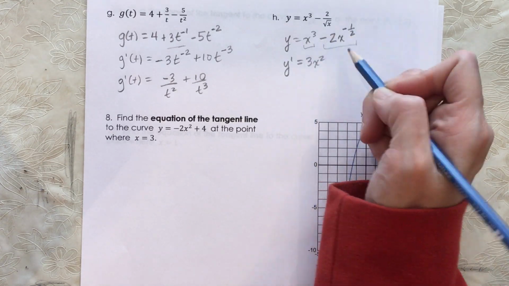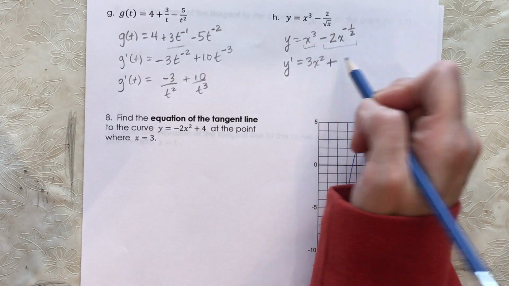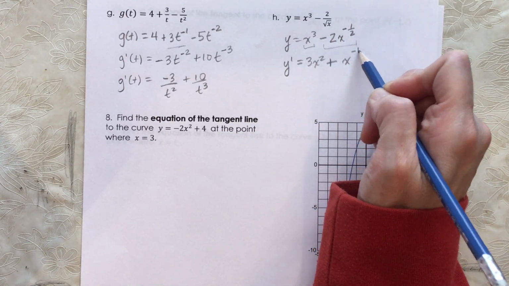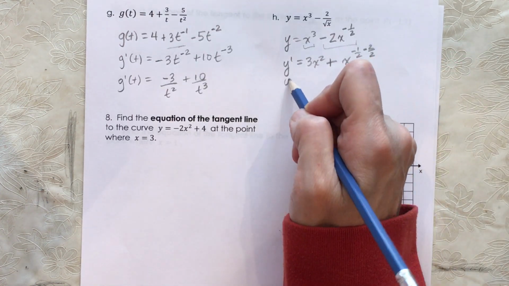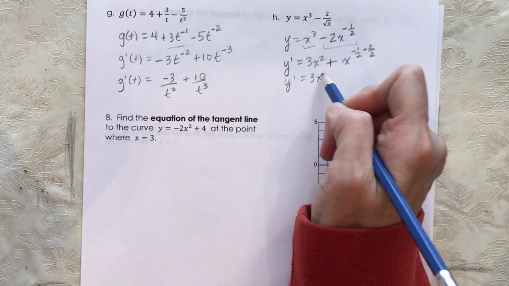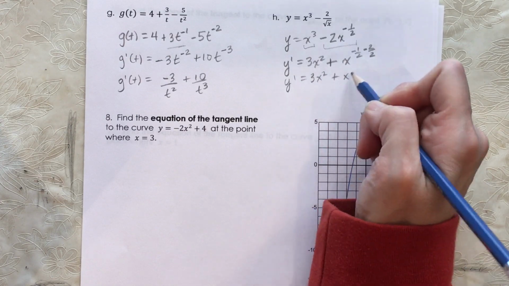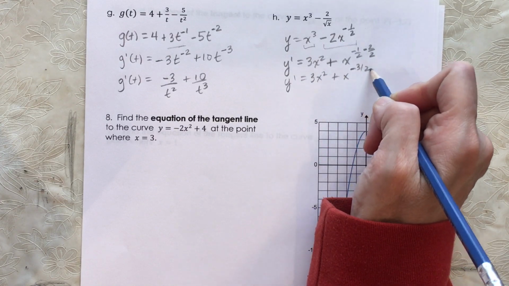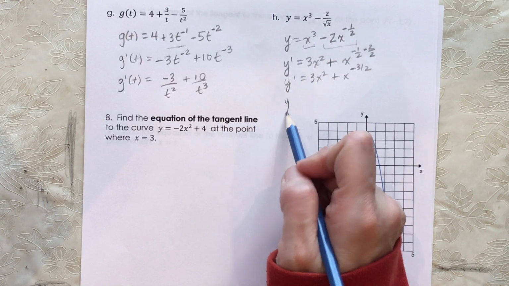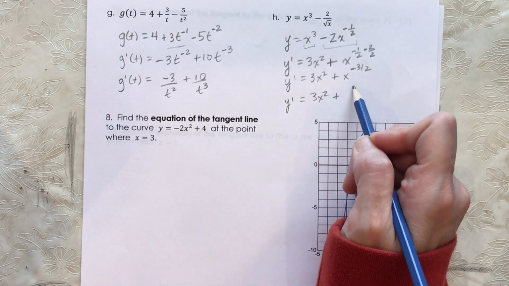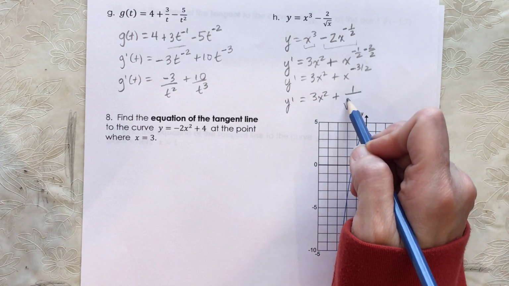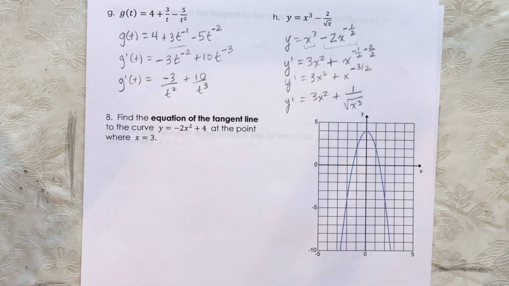Next one, -1/2 times -2 is +1, x to the -1/2 minus 1, but it's smart to write it as -2 over 2. There was a root in our question, so we should answer with a root. So plus 1 over the square root of x cubed.